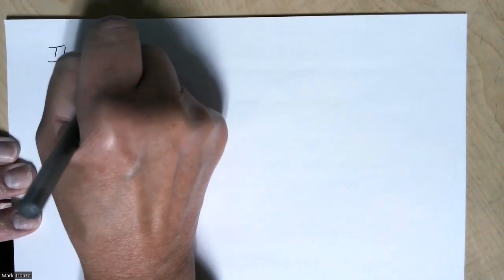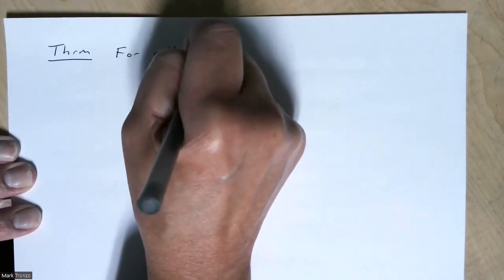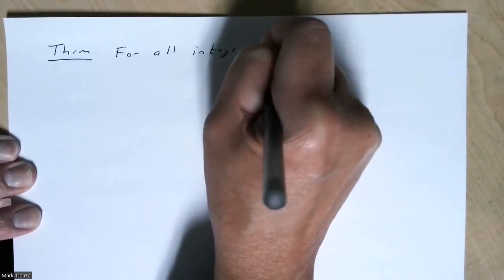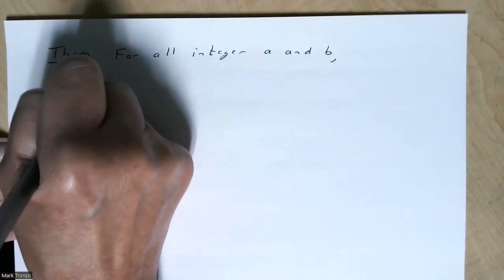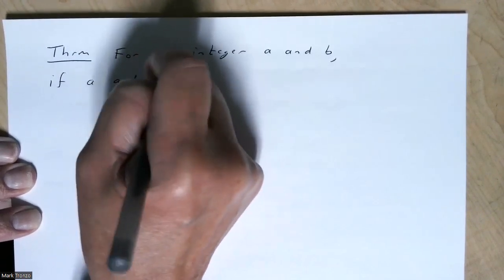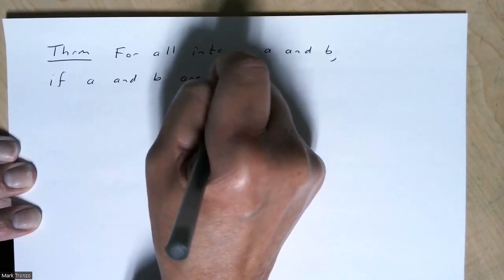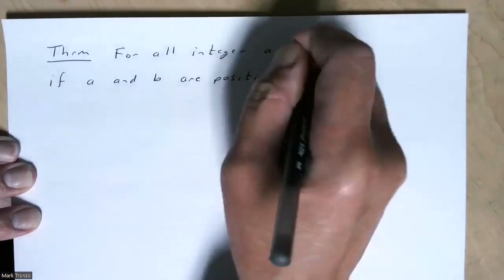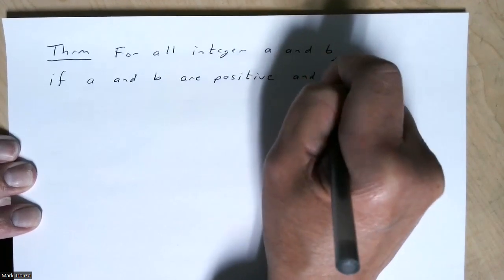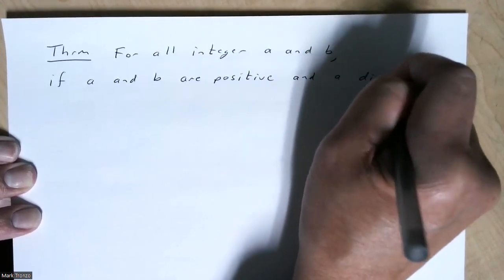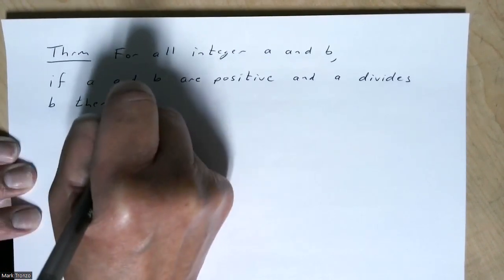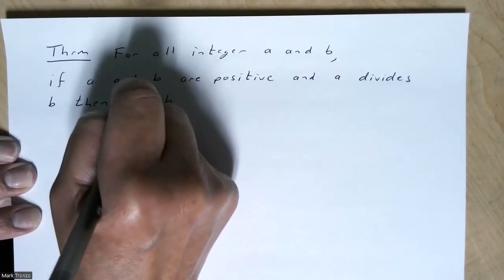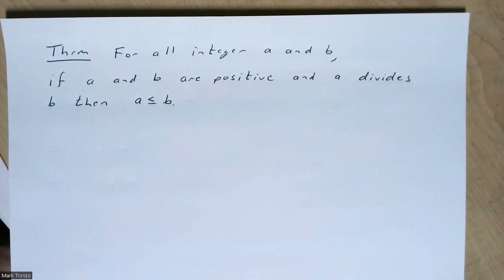And there's some common theorems. Some of these are pretty obvious. For all integers A and B, if A and B are positive, and A divides B, then obviously A has to be less than or equal to B. That's pretty obvious.